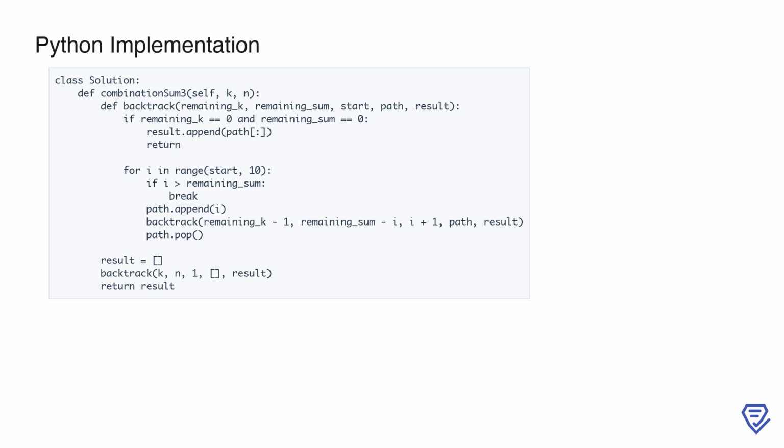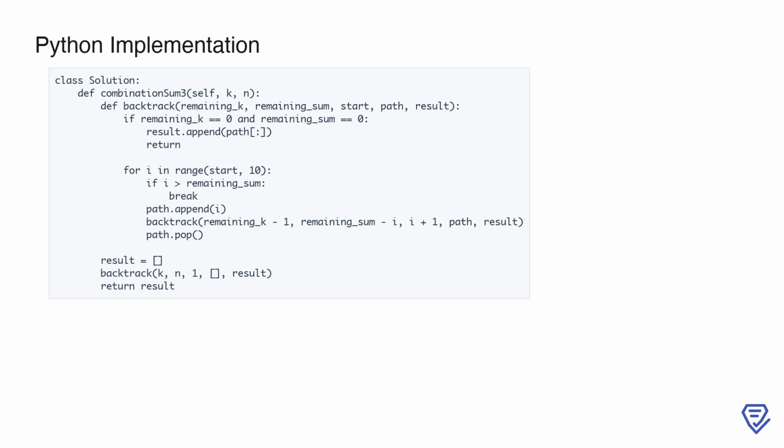Key optimizations. Early exit: if i is greater than remaining_sum, the loop breaks. This avoids unnecessary recursive calls. Avoids duplicates: by always starting the next number from i plus 1, combinations are unique. Complexity analysis.